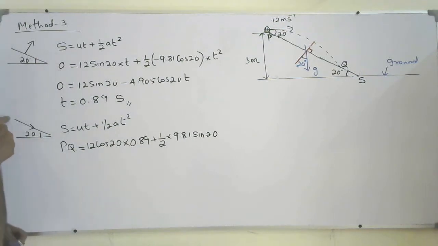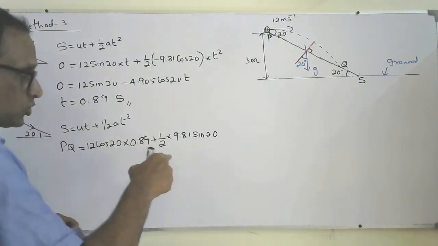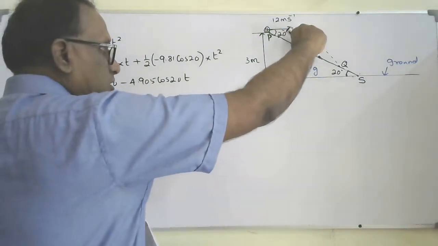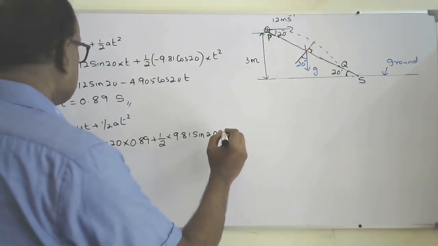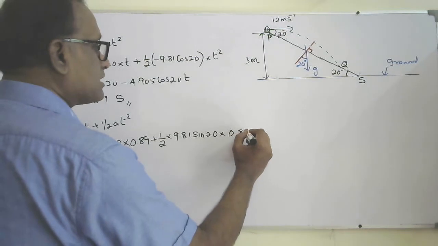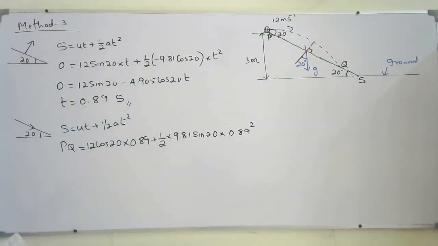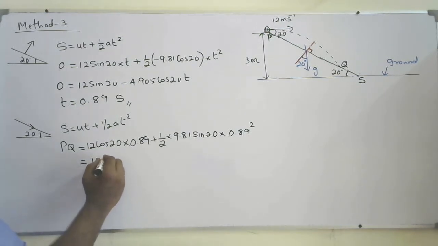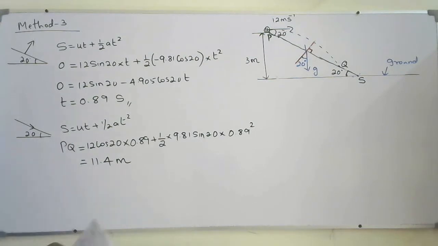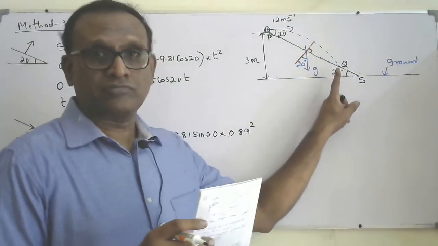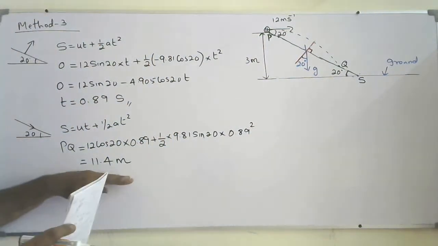I am using downwards along the slope as positive, so 9.81 sine 20 into 0.89 squared. Okay, so solve this. You will get the length 11.4 meters.